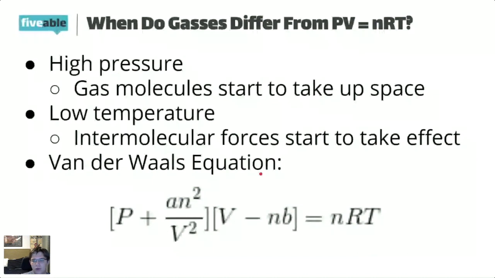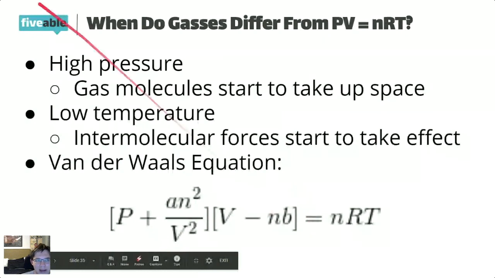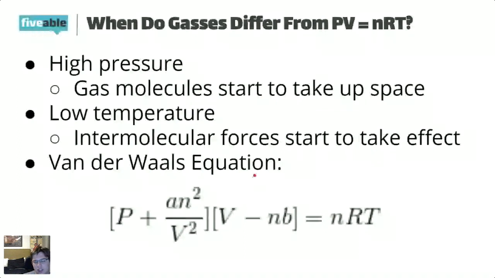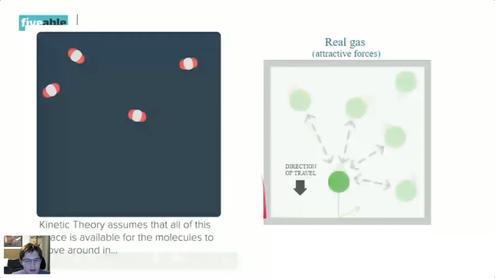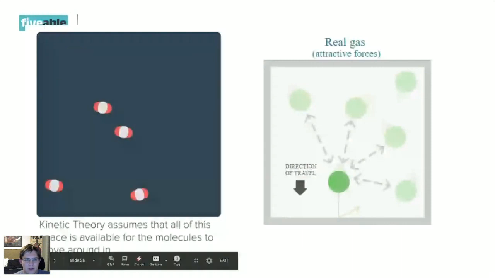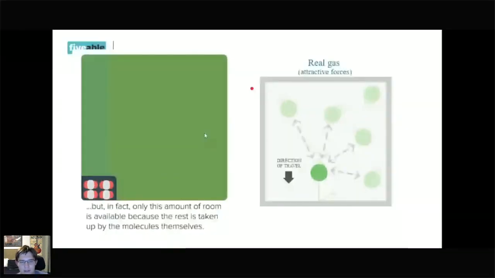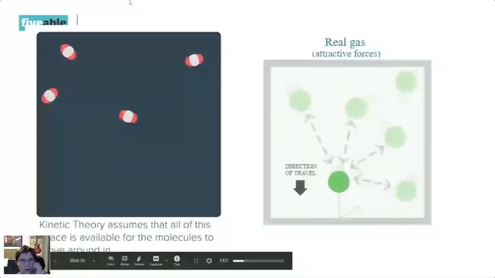However, the ideal gas law is still really handy if we are at a regular pressure and a regular temperature, due to the fact that these terms will actually kind of cancel out, and they won't have as much of an effect on the end answer. So PV equals nRT is essentially a simplification of the van der Waals equation. Right, so here are a couple little things that have to do with it. So kind of looking at this, we see that those four molecules kind of get tightened in, right? I have to kind of restart the slide to get the actual animation to keep going.